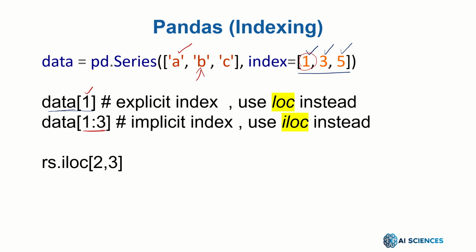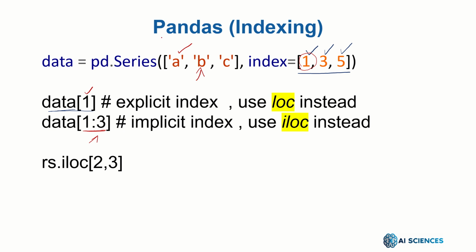Sometimes if your indices are numeric and there is a confusion between explicit and implicit index, the source of confusion is that slicing will by default go to the implicit one.